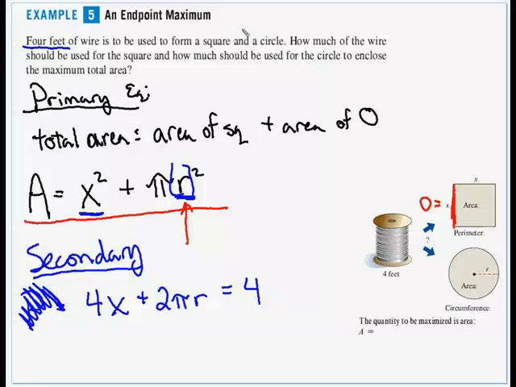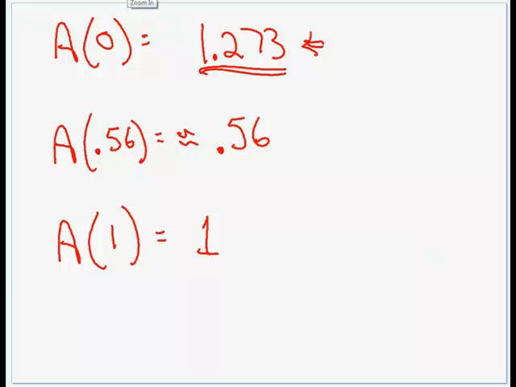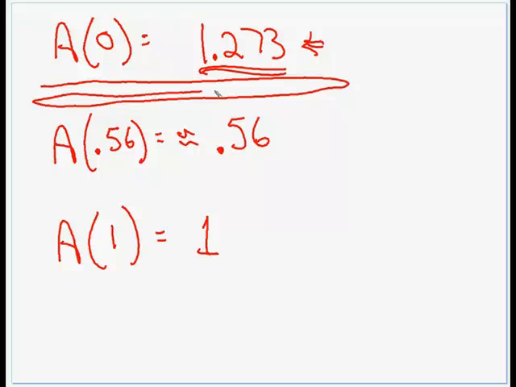That will maximize your area. So again, we don't want to use any of that wire on the square. We want to use everything on the circle. And that's a good example where an endpoint can be our min or max value. If you don't set up a feasible domain and don't check those endpoints, it'd be real easy to miss a correct answer like that.